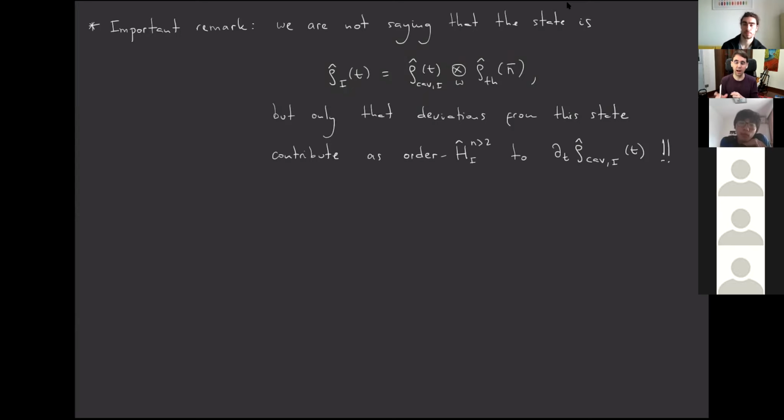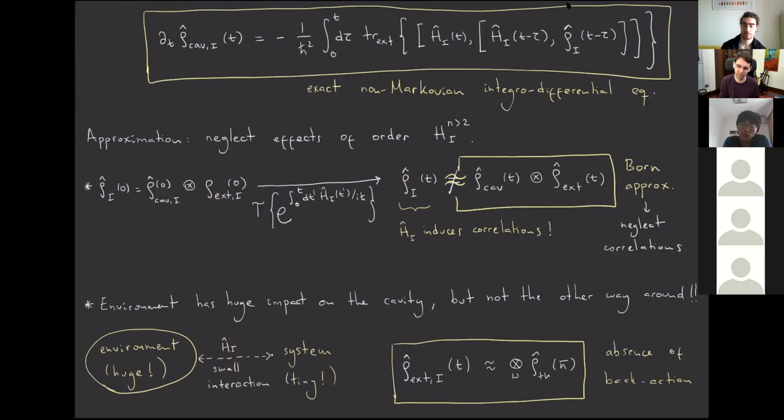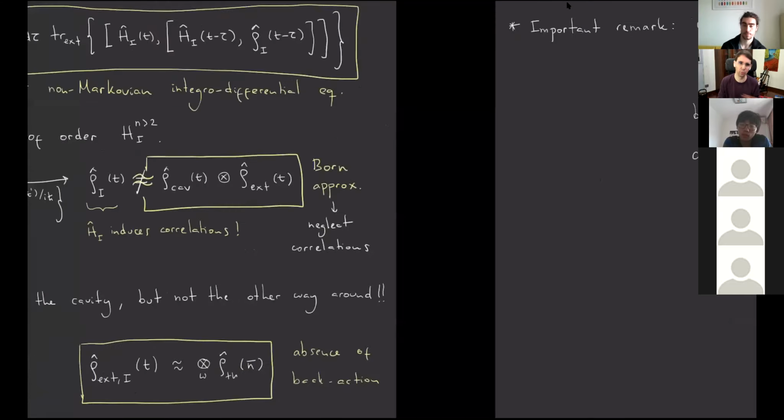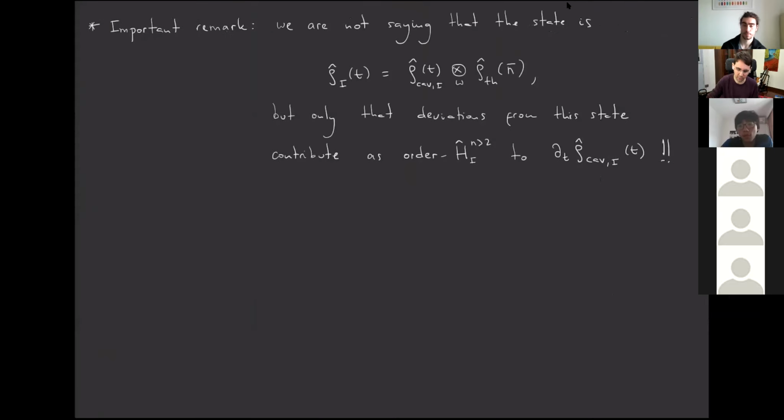And these things are different from a thermal displaced state, which means that the state of the external modes that are coming out of the cavity is not the original thermal state, okay? We will see that these things appear in the theory very naturally, but all these things are effects that do not need to be described to second order in the dynamics of the cavity. That's all we are saying, okay?